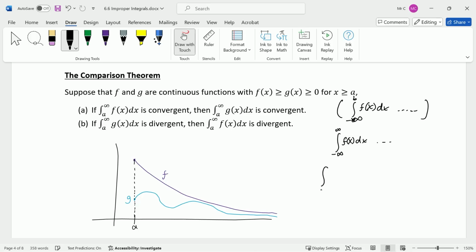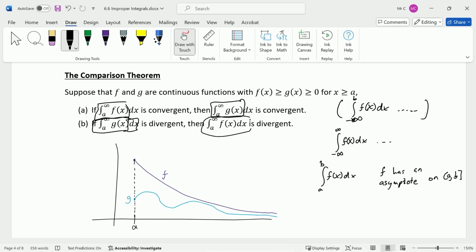You can also do it on integrals from a to b, where f has an asymptote on the interval from a to b. So any of those cases, all of the cases for these improper integrals that we've considered would also work perfectly fine with the comparison theorem. You would just swap out all of the integral expressions with the appropriate expression to restate it in terms of those other integral types. But again, same exact statement otherwise.